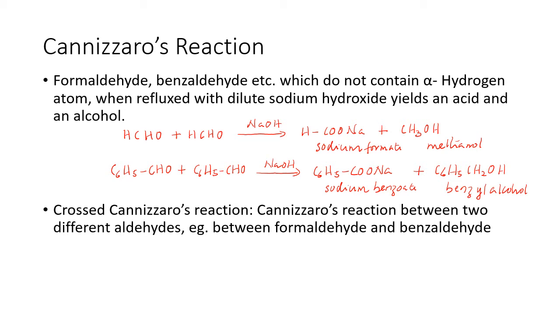And when the Cannizzaro reaction takes place between two different aldehydes, both having no alpha hydrogen, for example, between formaldehyde and benzaldehyde, it is known as crossed Cannizzaro reaction.